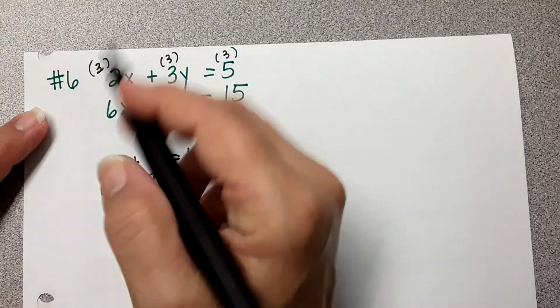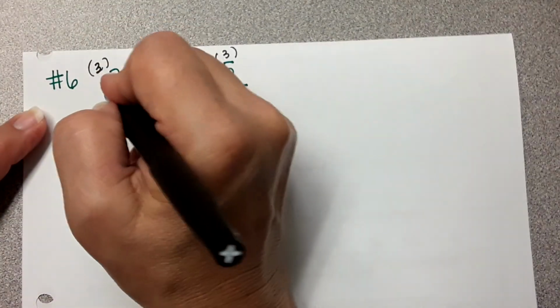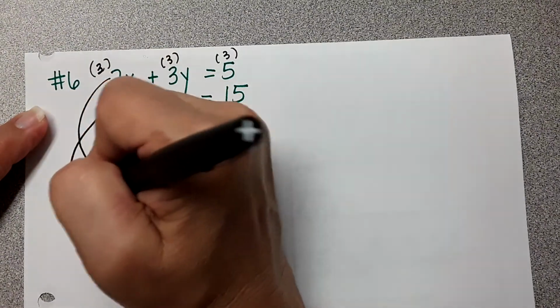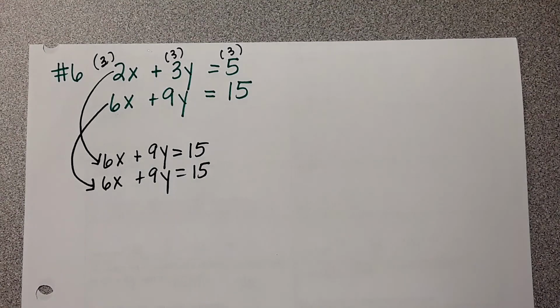This is my new equation, and then this is this one. I just want to show you down at home that I just rewrote it. Okay, now what do you notice? They're exactly the same.